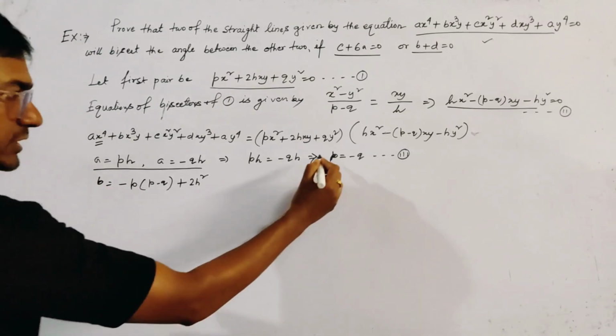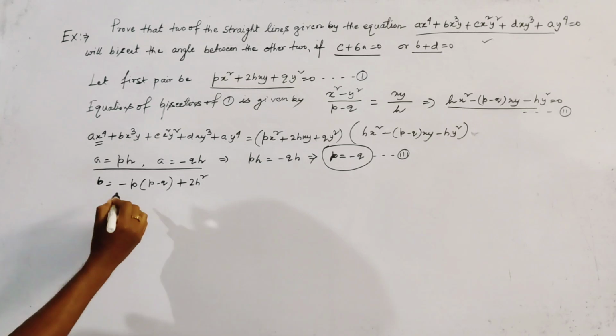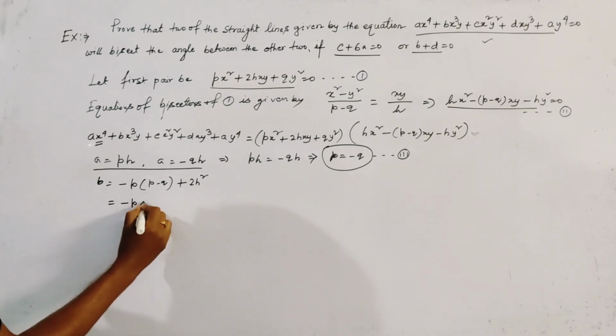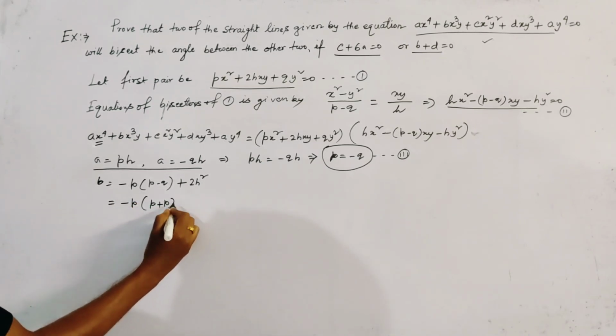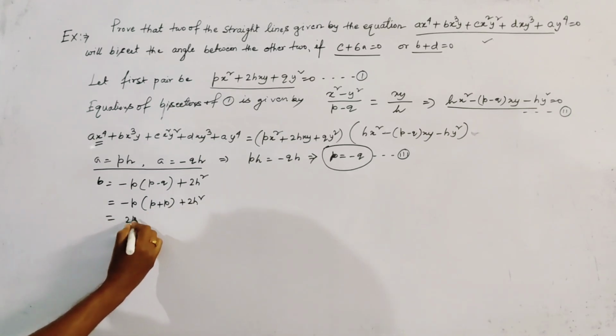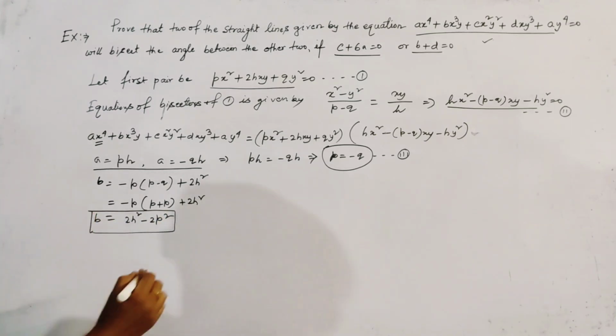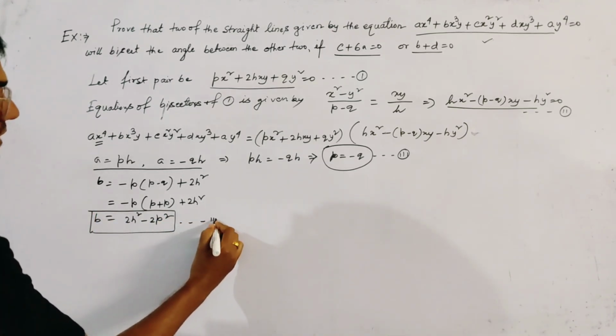Here we use the relation -q = p, and getting the result -p(p + p) + 2h^2. So we get 2h^2 - 2p^2. This is given by b. This is the second relation, and we name it relation number 4.